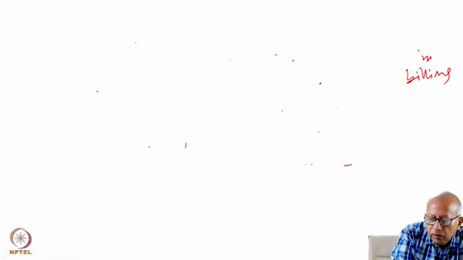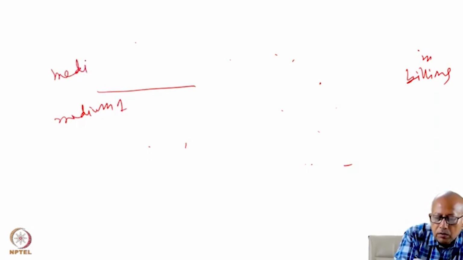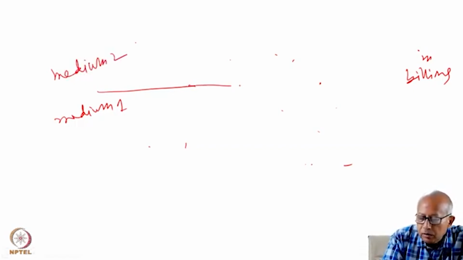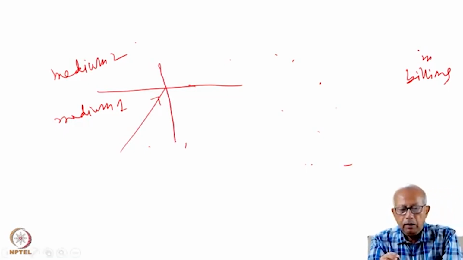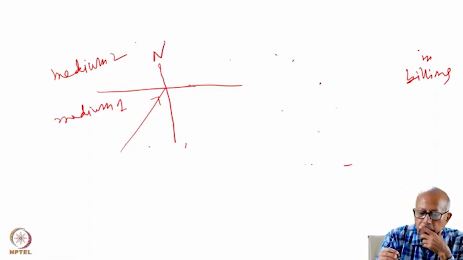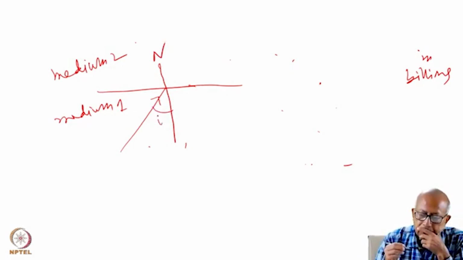Let us assume this interface separates medium 1 and this is medium 2. And light falls from medium 1 on the interface. At this point, we draw the normal on the surface, and suppose this is the angle of incidence I.